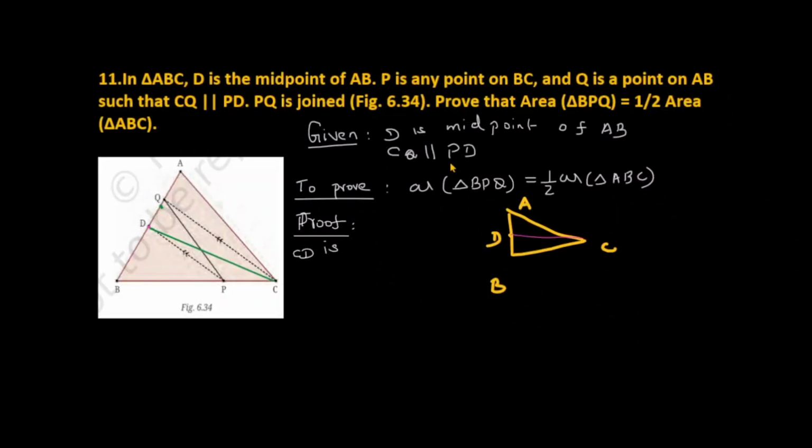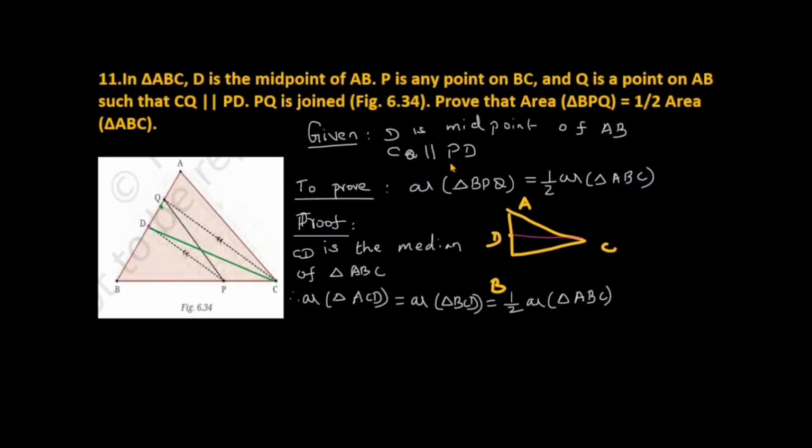CD is the median of triangle ABC. Therefore, area of triangle ACD is equal to area of triangle BCD is equal to half of area of triangle ABC. Two equal area triangles, those two are equal to half of the full triangle.